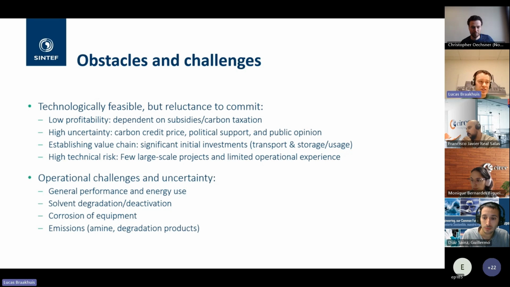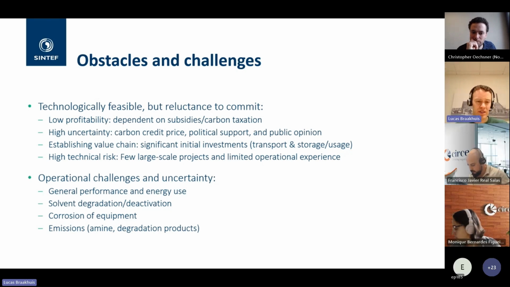So to address some of these operational challenges and the uncertainty in this technology, there's a couple of steps one can take. First, of course, is to get a good overview of the general performance of different solvents and their energy use. Also, it's important to get an overview of the solvent degradation and deactivation, and monitoring how this changes during the duration of the capture campaign.